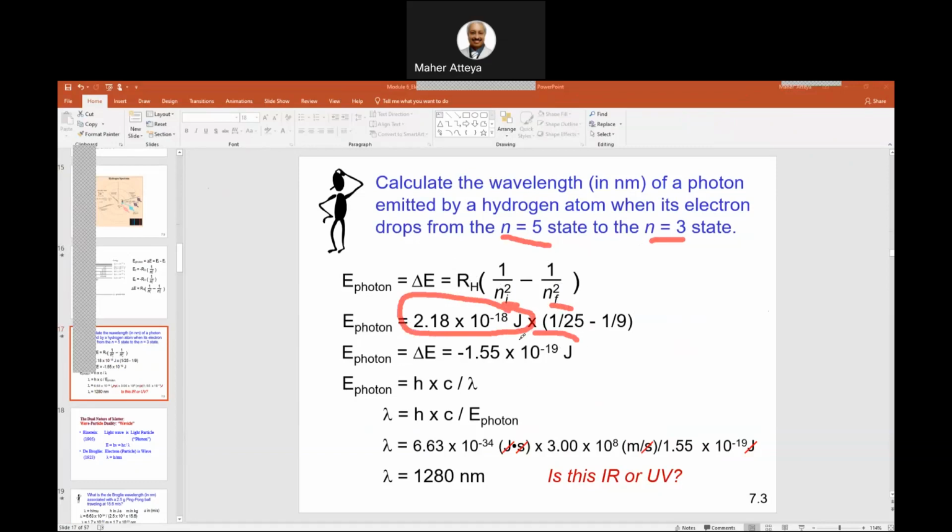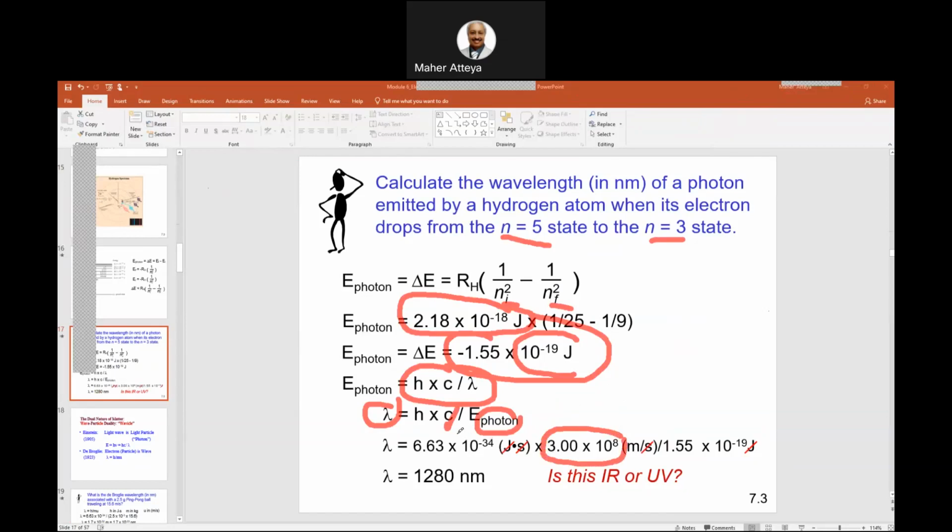You calculate the whole energy here. Then you can multiply and calculate your wavelength. Why? Because you know the energy you calculated here. This is a constant, 3 × 10 to the power 8 meters per second.